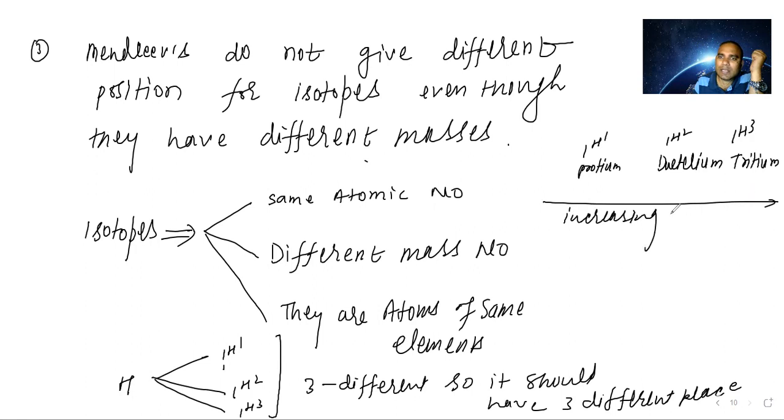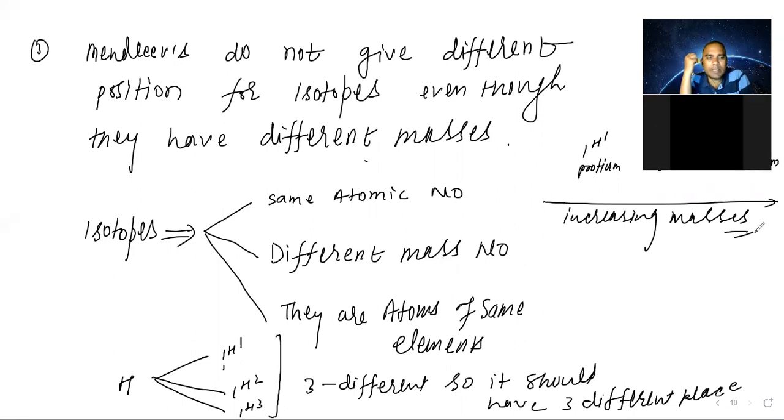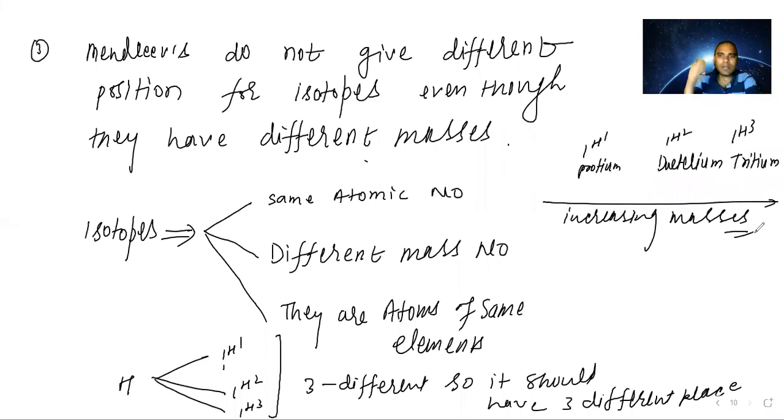So they should be kept in different places. But they are kept in the same place, which is not correct, because we cannot keep them in different places. That is the point.